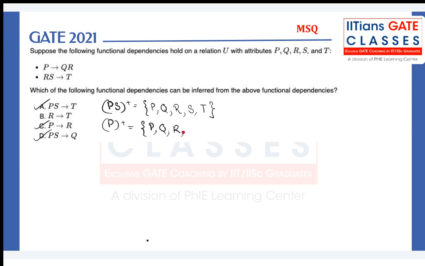So PS is a candidate key, and P derives R. R plus will only give you R. It will not give you anything else, so P is something that you cannot get. So options A, C, D are the right answer.